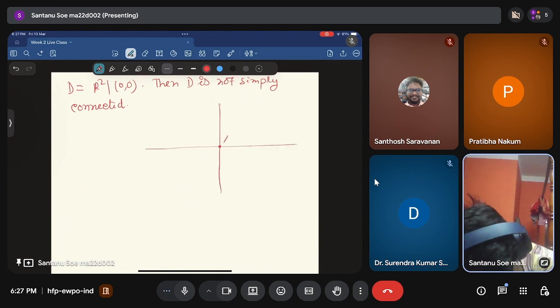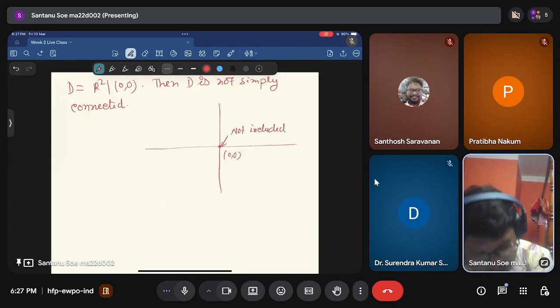This point is not included. So you take whole R2, but remove this point (0, 0). Now this domain is not simply connected, because if you take any circle whose center is (0, 0), then the inside region will not be a subset of D, because (0, 0) is not included in the domain. So that means D is not simply connected.